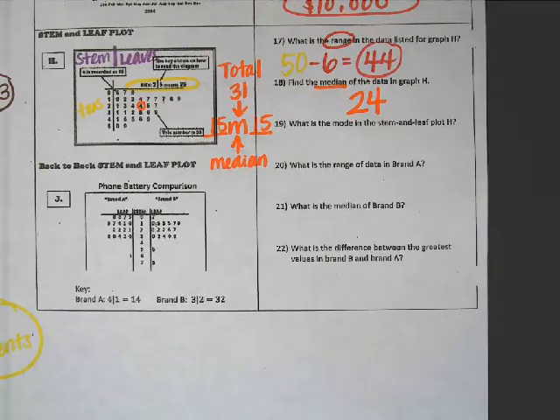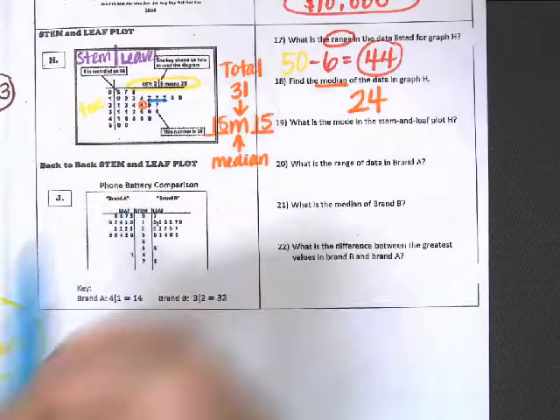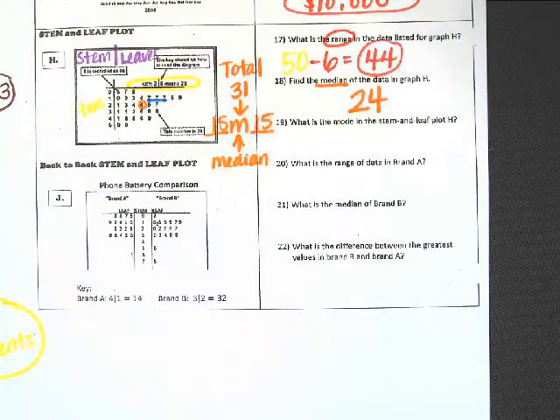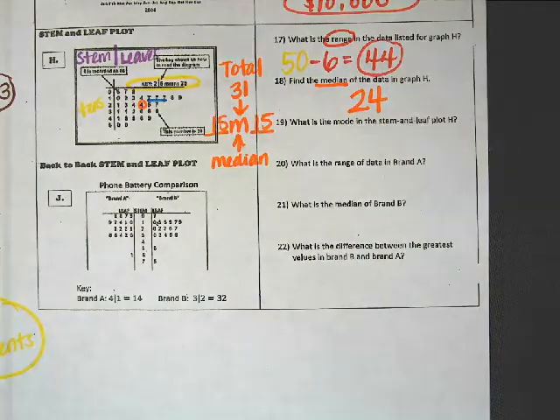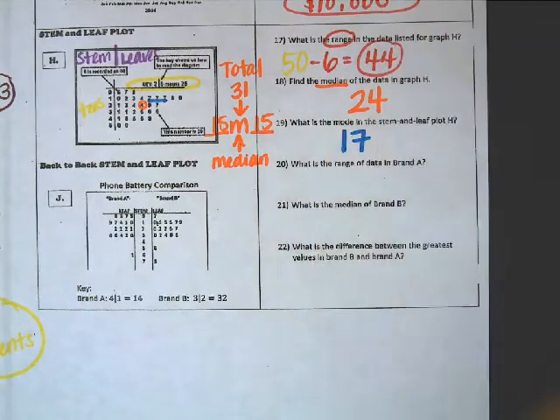In the ones row, I see the numbers 0, 2, 3, 4, 7, 7, 7, 8, 9. Those 7s are repeated 3 times. I'm going to go ahead and underline that so I don't lose that information. Now, looking for any more numbers that are repeated 3 or more times, I don't see anything. So my answer for number 19 is 17.